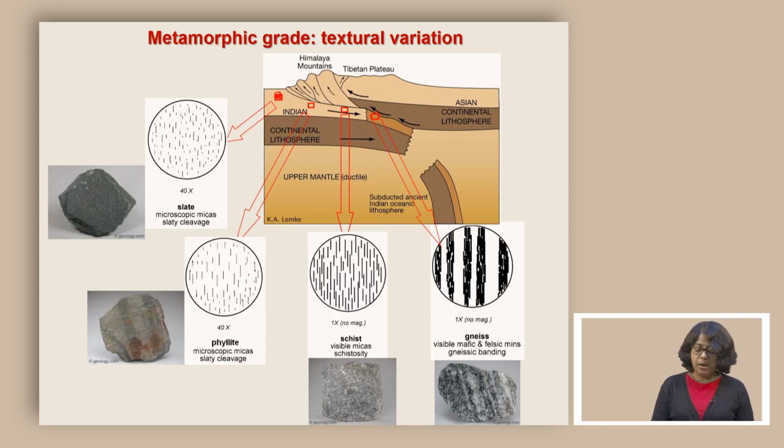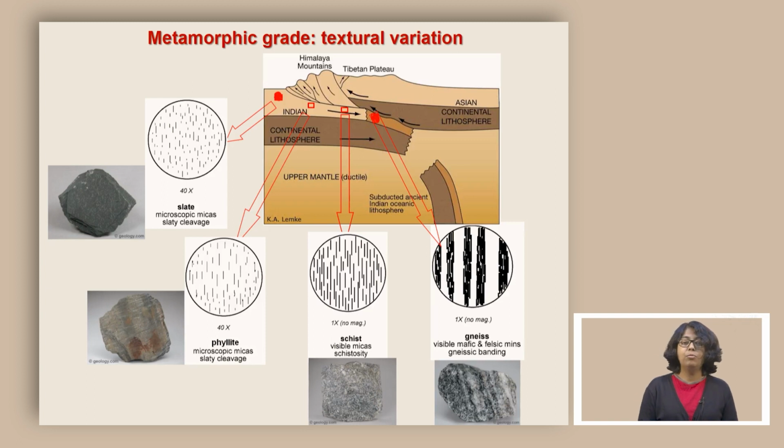The rocks collected from here experience only some change in pressure and temperature, but not so much. In contrast, the rocks sitting right here experience much higher temperature, because they are going down, but more than the temperature they also face an enormous amount of pressure.